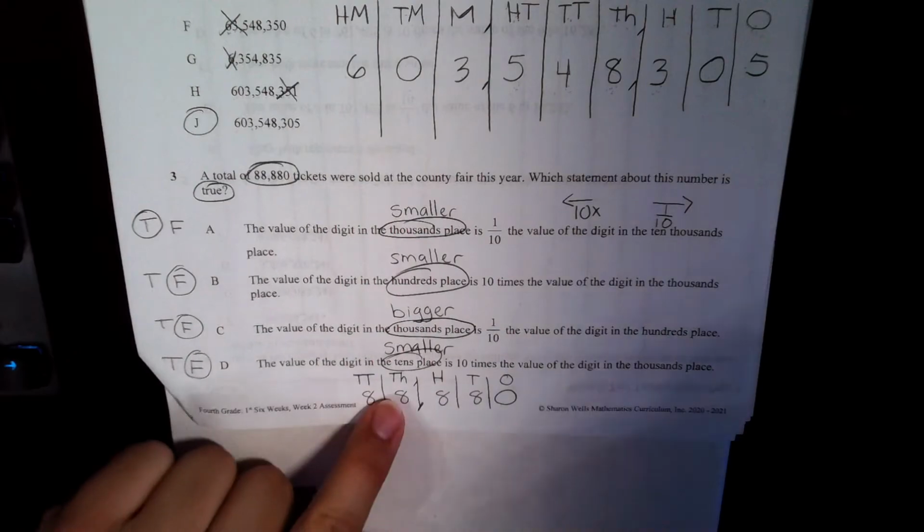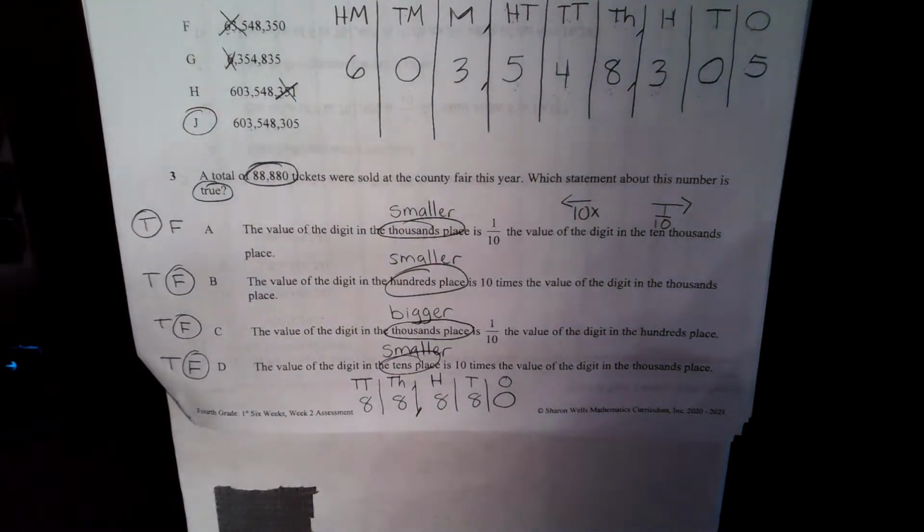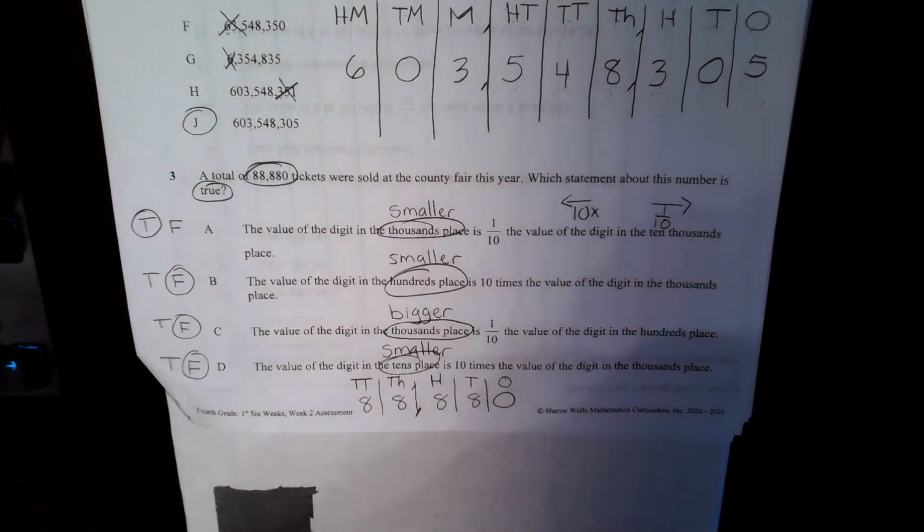There's something else I'll tell you guys. On questions like this, there are two things that will automatically make it wrong. Two things that if you see it, you can automatically cross it out, don't have to look at it.